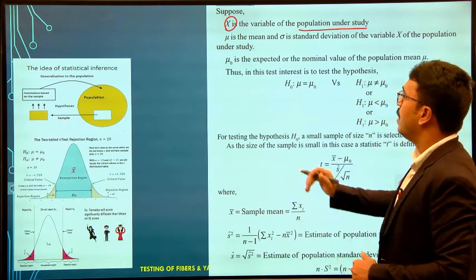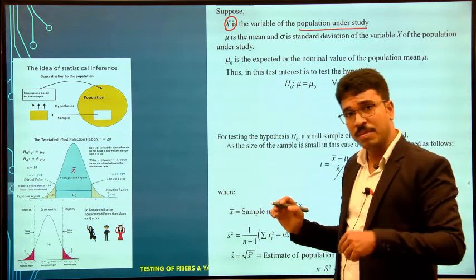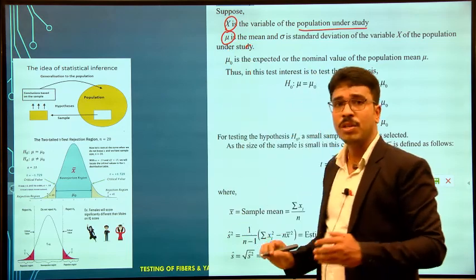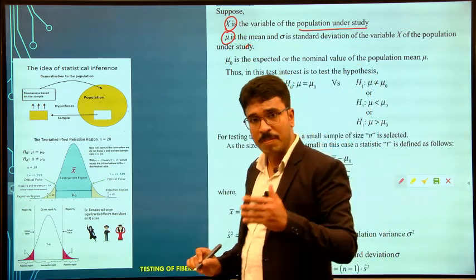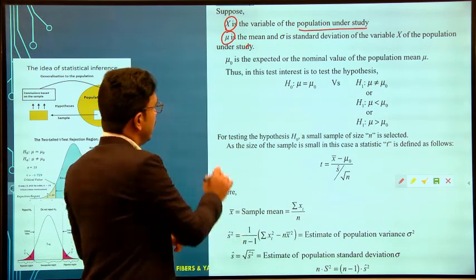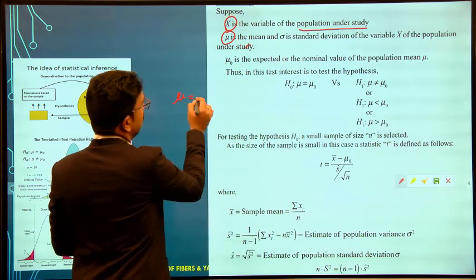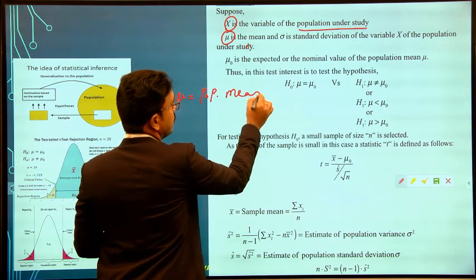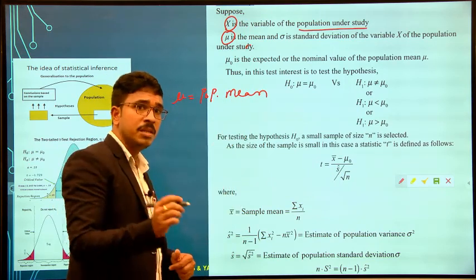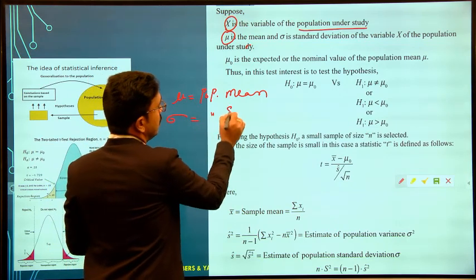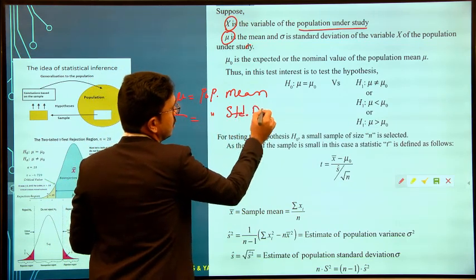As I told you already in our previous classes, you have to use some notations to represent the population as well as sample parameters. Here, mu we are using to represent the population mean, and sigma to represent the population standard deviation.